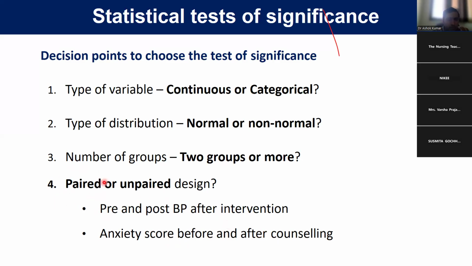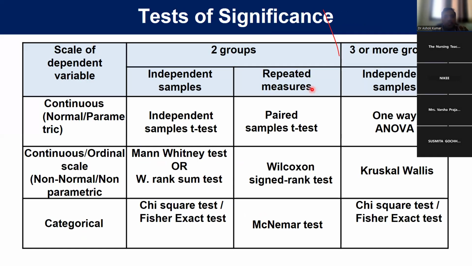We have to remember these 4 things in our mind before applying or choosing any statistical test of significance. This is the second very important slide you have to remember.